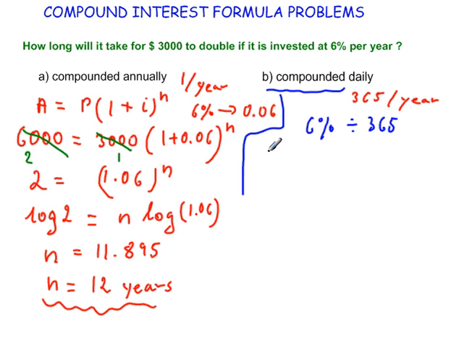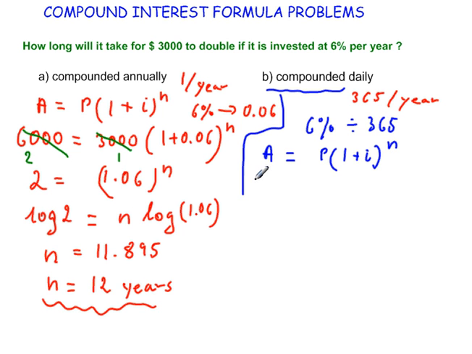So the formula will be identical. The meaning of i will change. So now the interest rate will be the adjusted interest rate when we divide yearly interest rate by 365. The exponent n also will be measured in days.